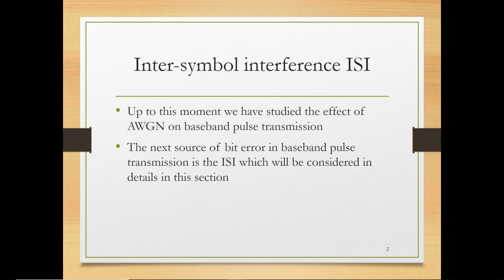So we need to understand it and handle it, both mathematically and practically. Intersymbol interference causes bit error rate degradation, beside the degradation caused by the additive white Gaussian noise channel.